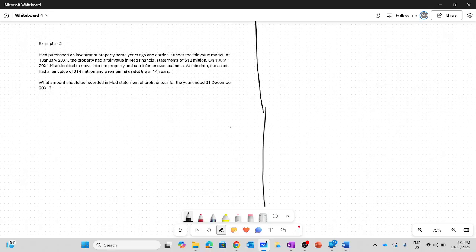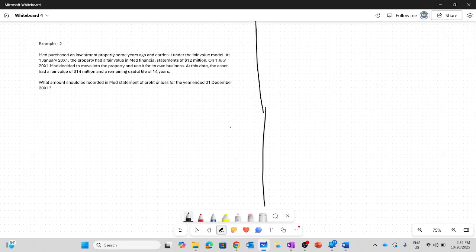At this date, the asset had a fair value of 14 million and a remaining useful life of 14 years. What amount should be recorded in Med's statement of profit or loss for the year ended 31st December 2021? So the question asks about the amount that we need to record in Med's statement of profit or loss.